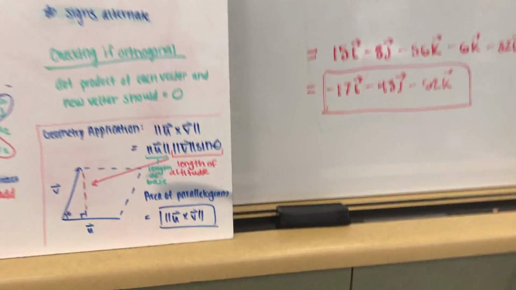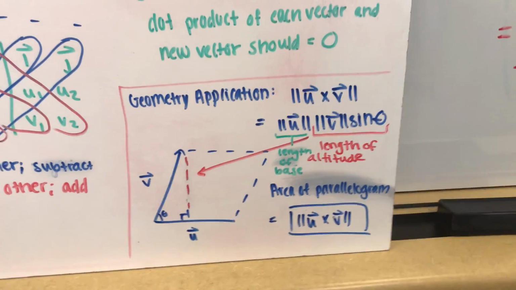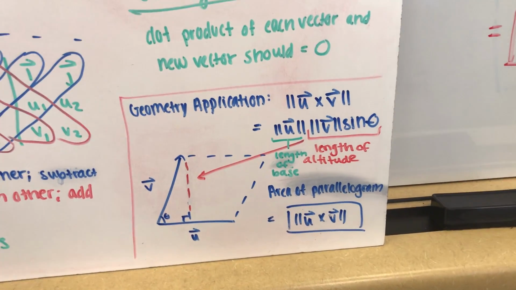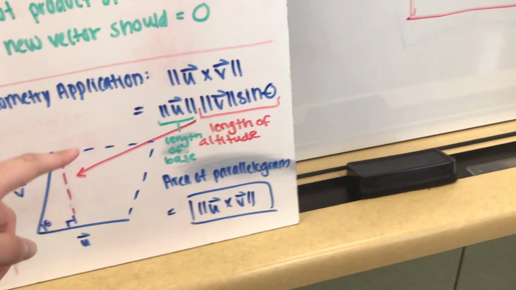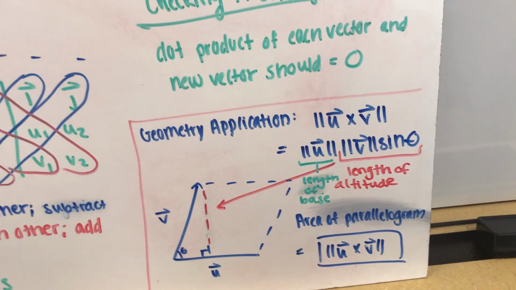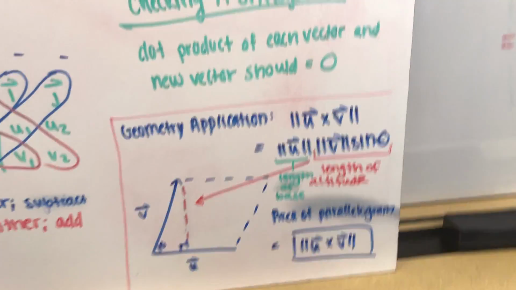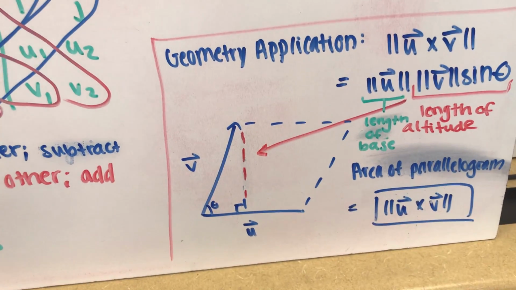Okay, and then there's also a geometry application for all of this. If we want to find the magnitude of u cross v, there's this formula over there, which is the magnitude of u times the magnitude of v times sine theta. We drew a picture over here to represent that.